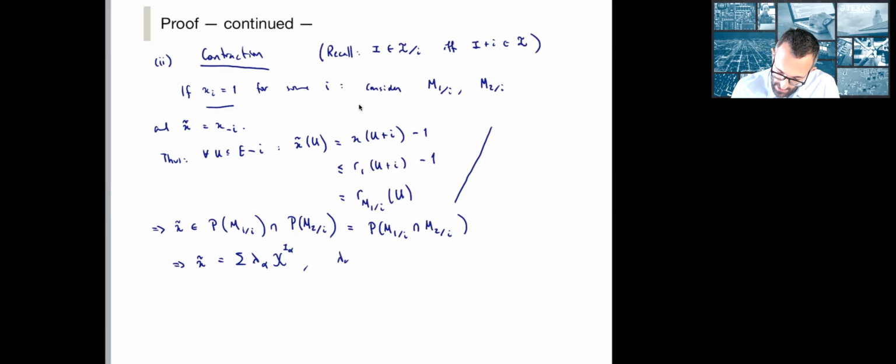Again, lambda alpha is non-negative, and the sum of lambda alpha equals 1. Now, we know that I alpha is a common independent set. Sorry, there's a lot of notation here.